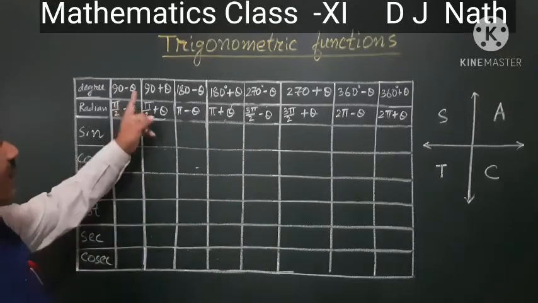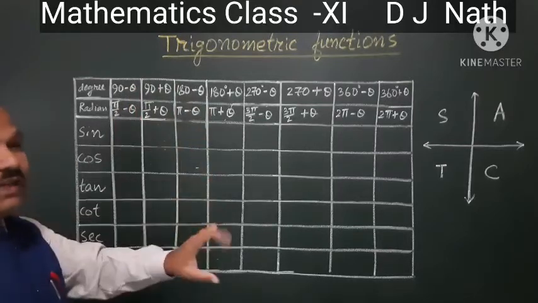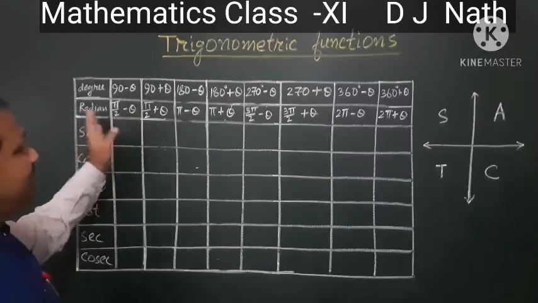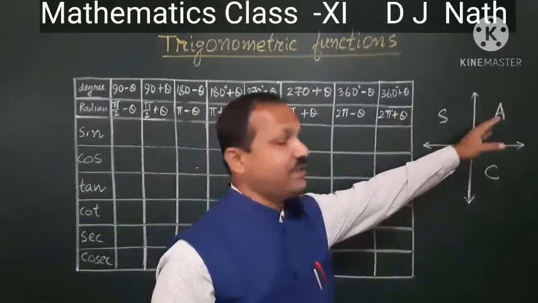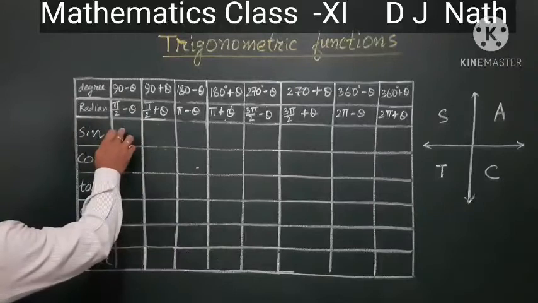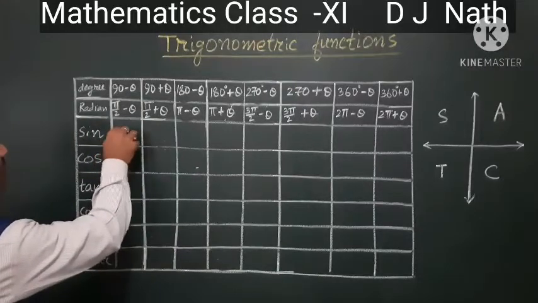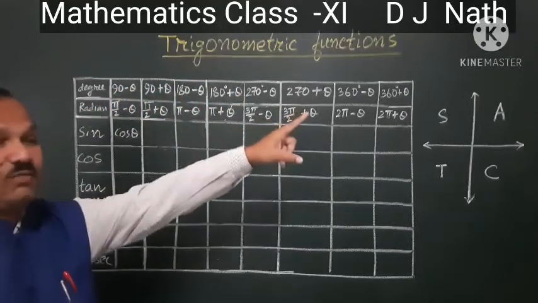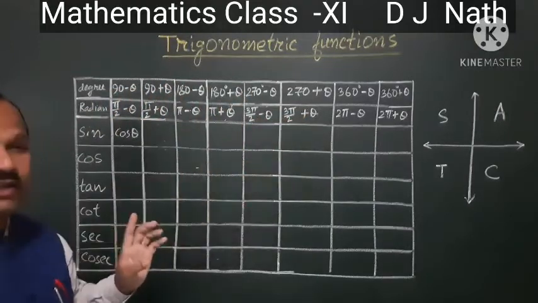And this 90, 270 will change into complementary. So sin of 90 minus theta will become cos theta, because 90 minus theta is in the first quadrant, where all are positive, so it will remain positive.